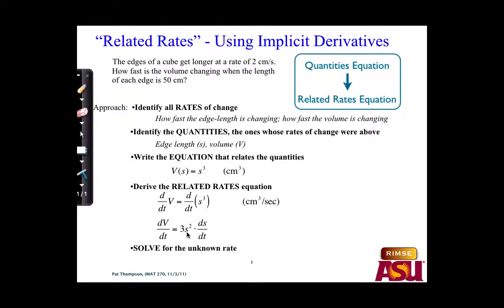So this is 50 centimeters that gets squared, and then I multiply on a 3 and a 2 centimeters per second. By the time we're done, we get cubic centimeters per second. And if you put the units in there, it all does work out well, but we get 3 times 50 squared times 2, which is, let's see, 2,500 times 6, 15,000 cubic centimeters per second.